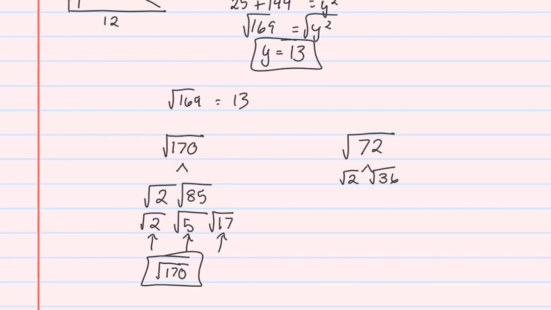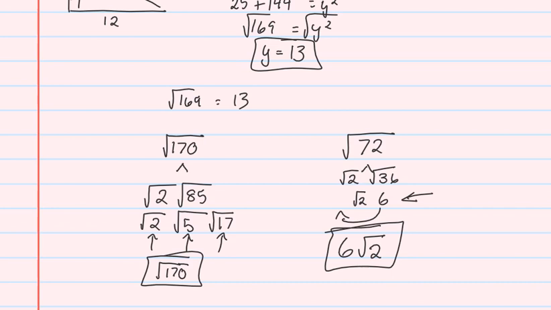I can take the square root of 36, and that part is equal to 6, and I keep the square root of 2, and then I move that 6 out in front, 6 radical 2, because I don't want to accidentally think that this is 26. So the square root of 72 in simplest radical form is 6 radical 2.